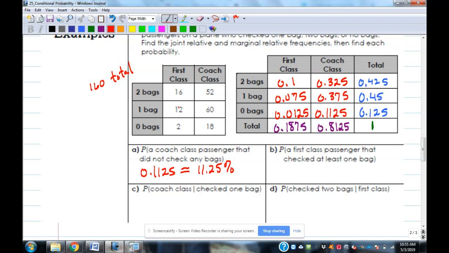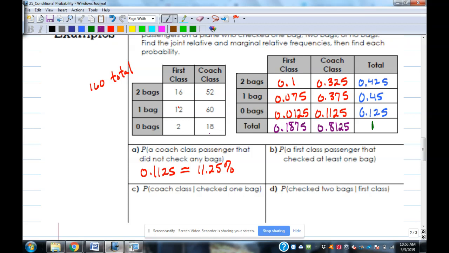B part says a first-class passenger that checked at least one bag. Okay, so at least one. What's that mean? One or two. For our chart, we've only got data for one bag or two bags. We don't know about people that check more than that. If you check more than that, you have a really stressful trip to the airport because you got to find all those when they come off the plane. That's not fun. So we're dealing with a first-class passenger that checked at least one bag.